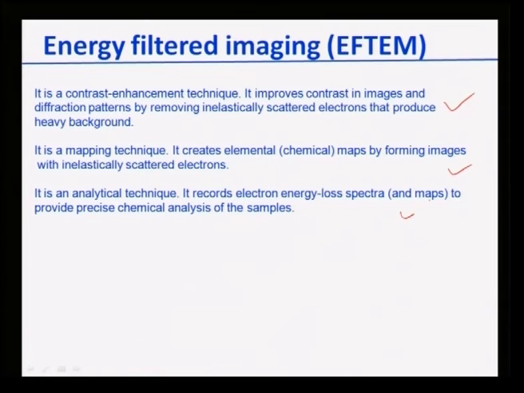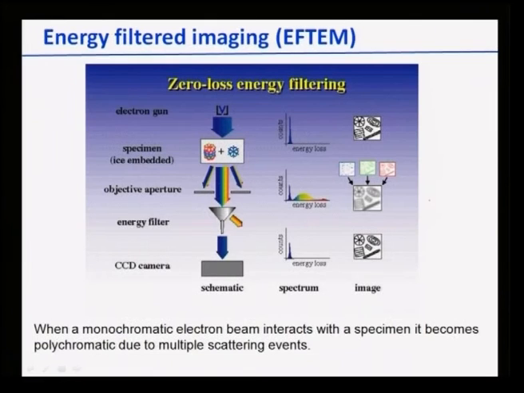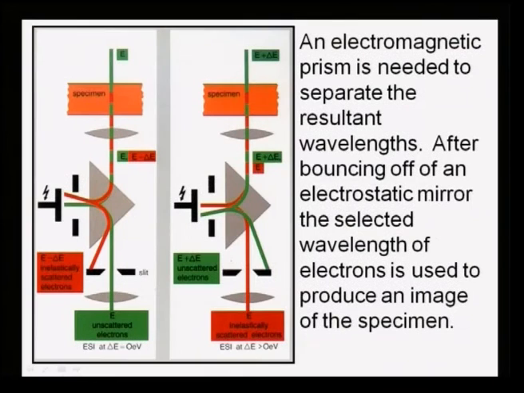The first example I will show you, I think there is no need to show, because this is exactly what I have already shown you. So let me skip. In an energy filter, a magnetic prism is needed to separate the different energies. That is what is done here. You see this is the energy loss.